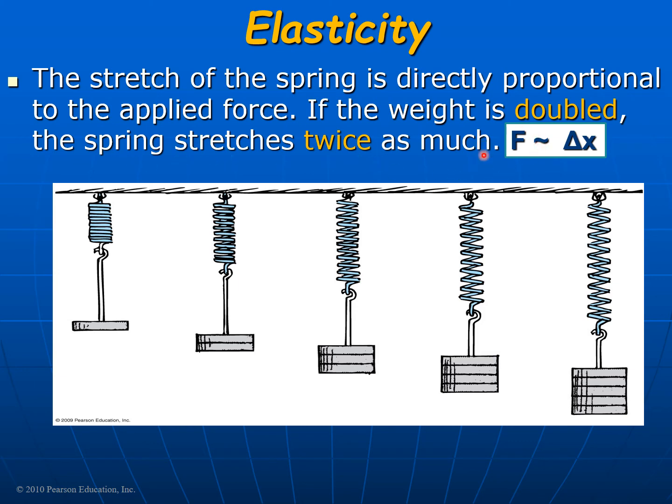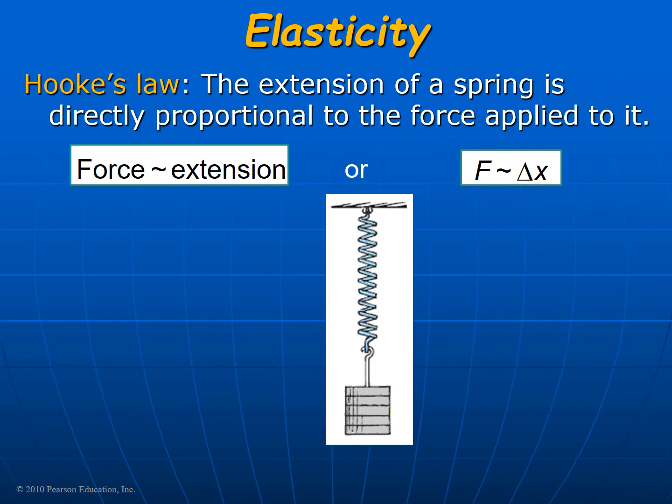We know that the force is directly proportional to the extension. More force, more extension. This is the famous Hooke's law: the extension of a spring is directly proportional to the force applied to it.